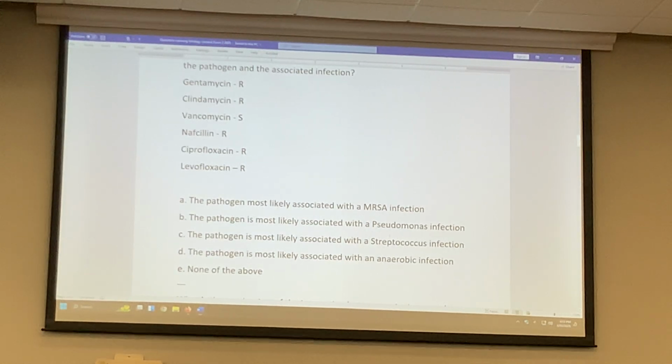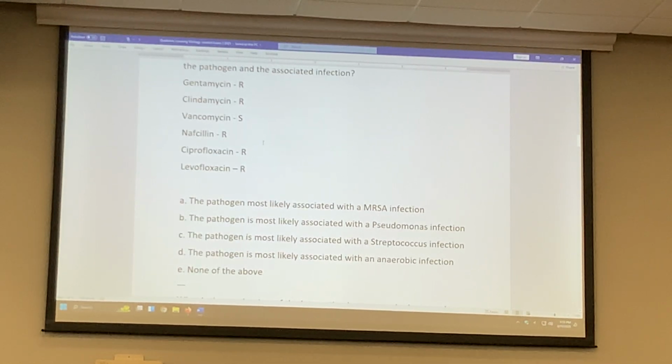It's most likely associated with a streptococcal infection. Could that be possible? Yes, it could be, but at the same time, nafcillin should actually be susceptible, right? So that should be an S if it's strep, right?